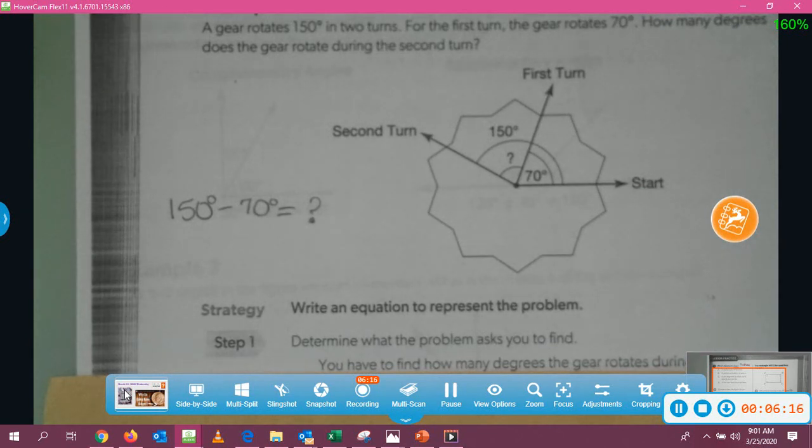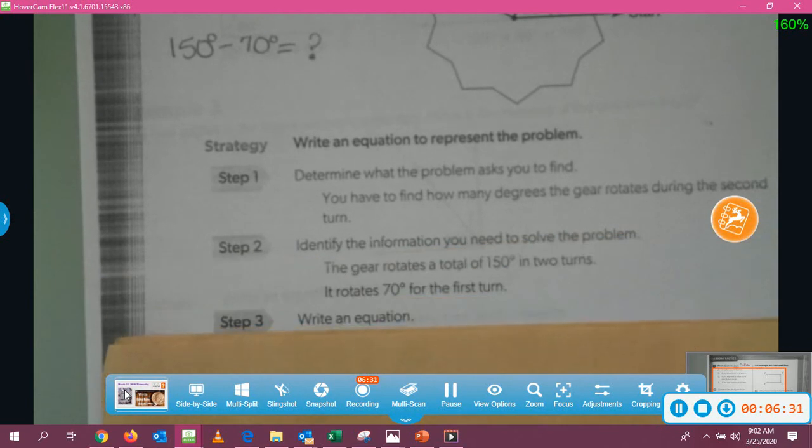Write an equation to represent the problem. Step 1. Determine what the problem asks you first. You have to find how many degrees the gear rotates during the second turn. Step 2. Identify the information you need to solve the problem. Well, we identified that the total was 150 in 2 turns. It takes 2 turns to get to 150, right?